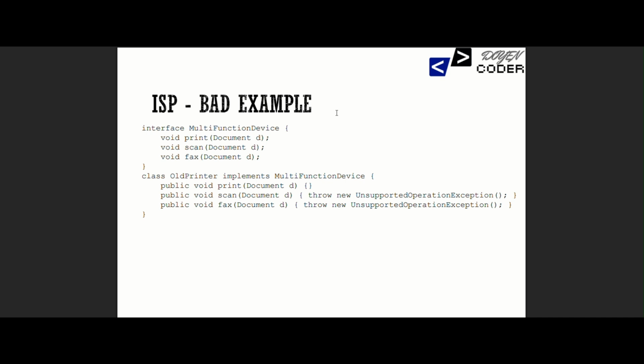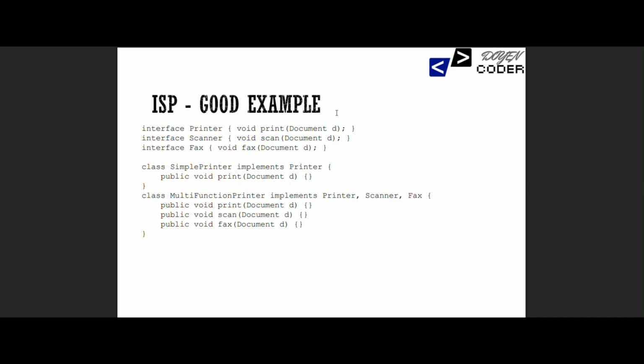Instead, the good code would be to create a printer interface which only prints. Similarly, scan and fax get their own separate interfaces for their separate operations. Then we create a class called simple printer, just like our normal printer, and there I only implement the printer interface. It only prints, not any scan or fax operation.